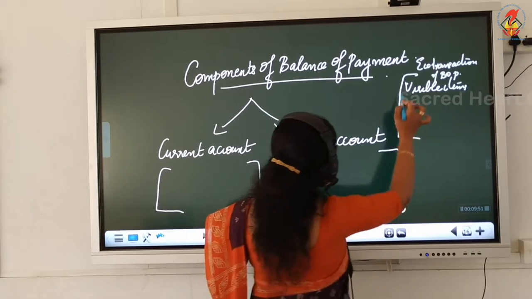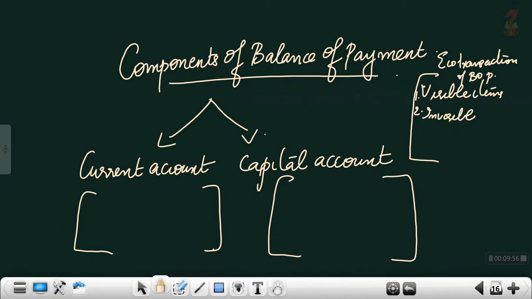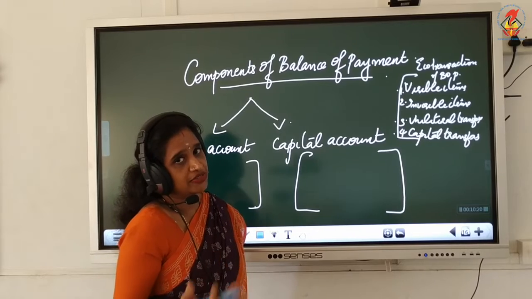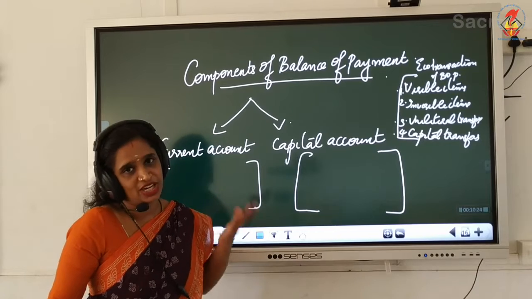So I am writing it once again. Economic transactions are visible items, then invisible items, then unilateral transfers, then capital transfers. These are the four main economic transactions of BOP. Now from this we have to differentiate what comes under the current account and what comes under the capital account.